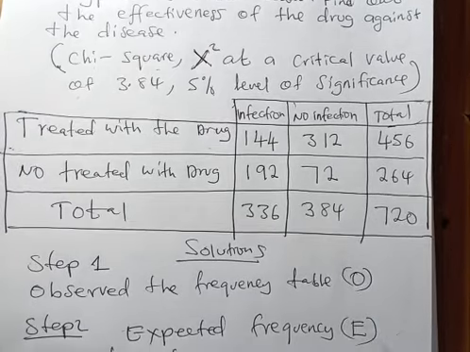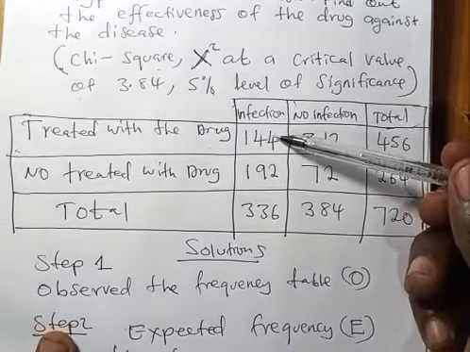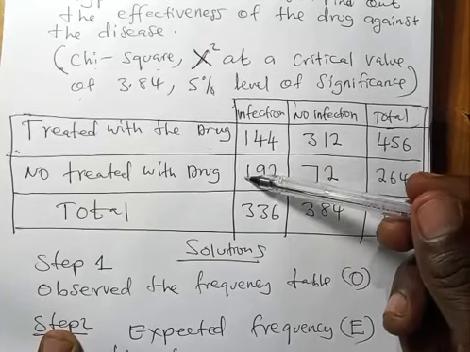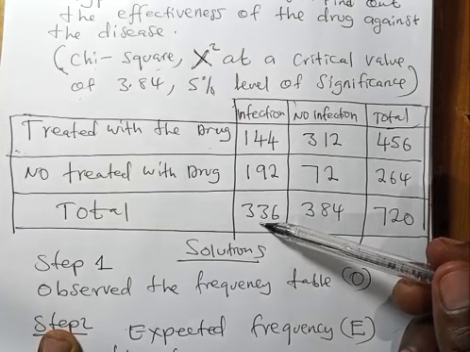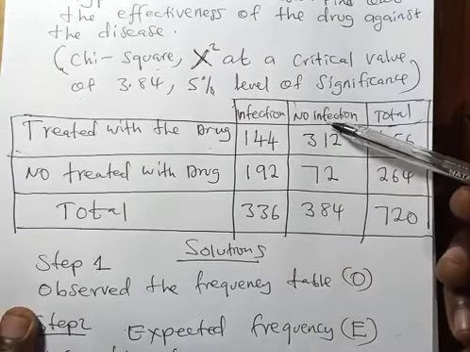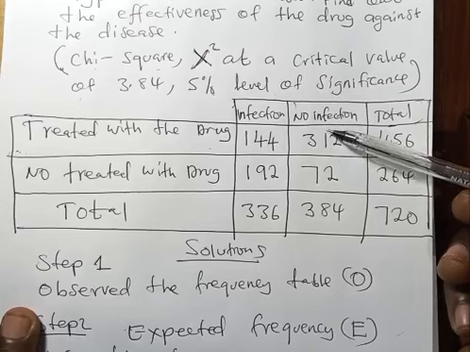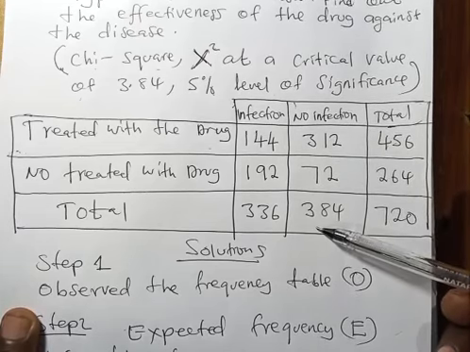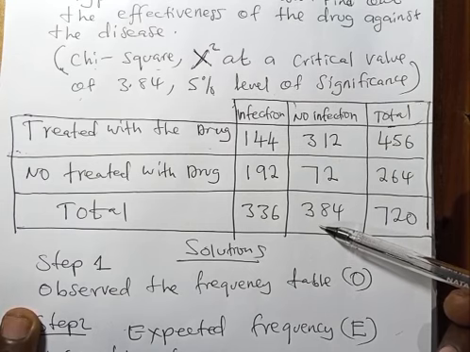Now this table, the way it is, when you add the total for infection, 144 plus 192, we are going to have 336. You can confirm these values in your free time. Then for those with no infection, it is 312 plus 72, which gives us 384.